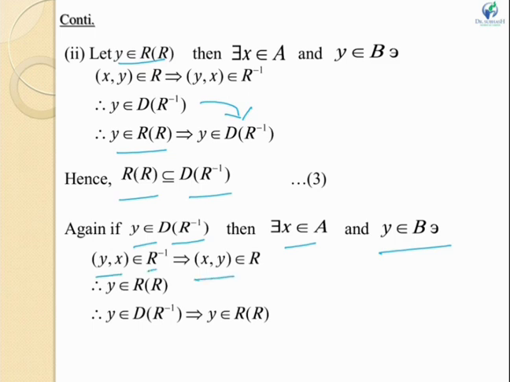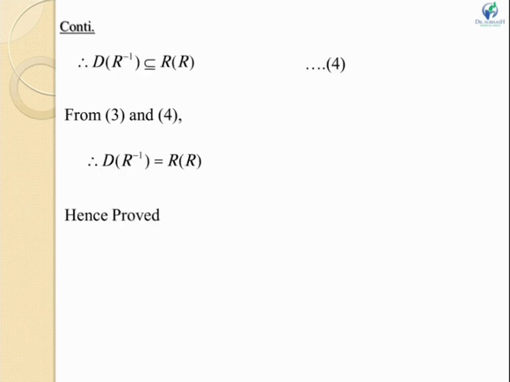This implies (x, y) must be from R. Now here y is the second element, so y must be from the range of R. So we can say that the domain of R inverse is a subset of the range of R. From equations 3 and 4, both are subsets of each other, so we can say that the domain of R inverse is equal to the range of R. So hence we have proved the theorem.